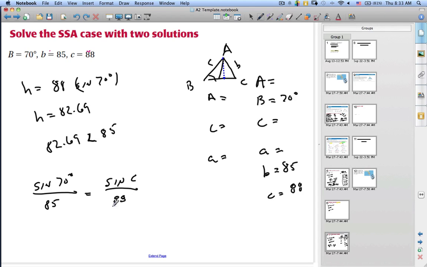And then we'll go ahead and solve this through. It's going to be 88 times the sine of 70 divided by 85 will be equal to the sine of C.